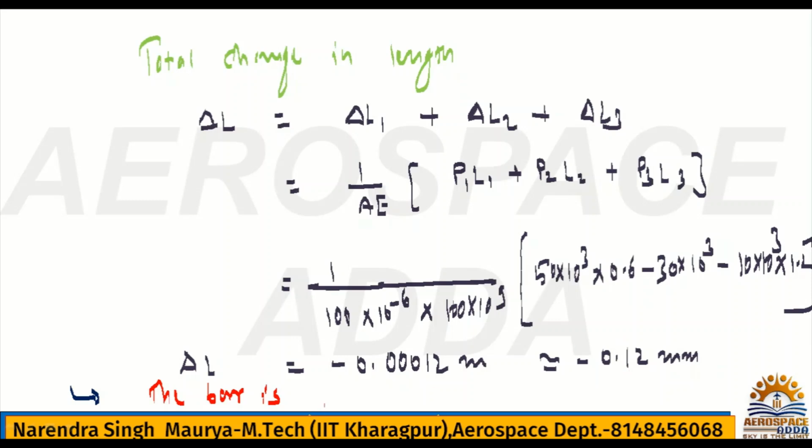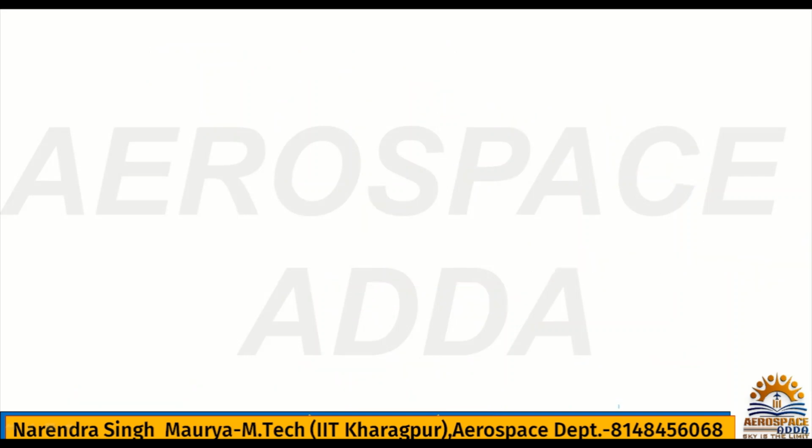So you can write: the bar is shortened by 0.12 mm, the whole bar.